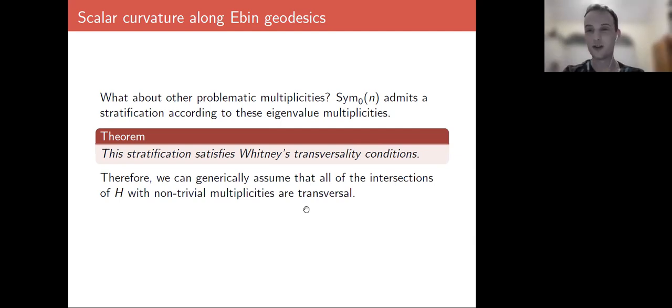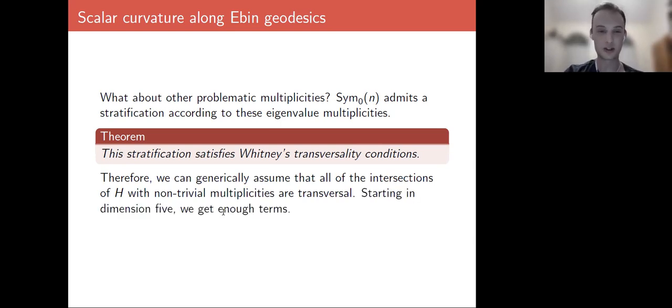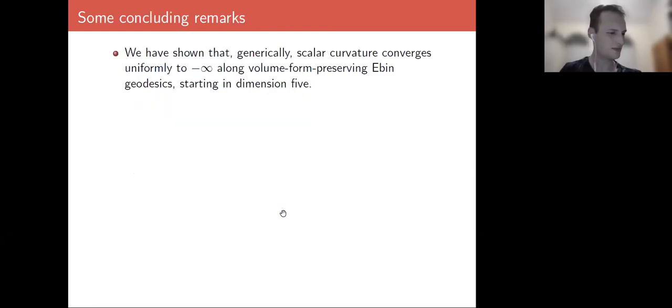And since we've got transversal intersections, that's a statement about the rank of the derivative evaluated at that point. And so with lots and lots of dimension counting, what we can eventually conclude, details definitely omitted, is that starting in dimension 5, we do actually get enough terms. So generically, we can assume we have enough terms, and then with one more perturbation, we get the terms that we need. So these are basically the techniques that go into proving this result.